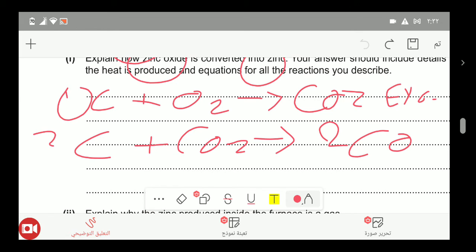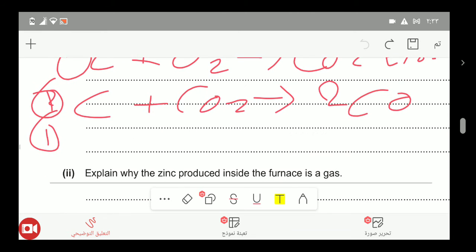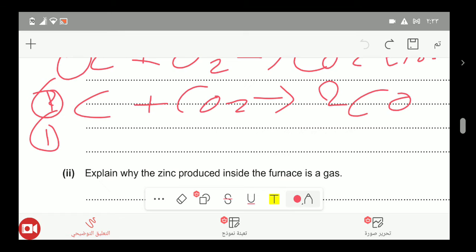Again, these are two marks, and we have another mark. The final mark is obtained, so at the end we will have the 3 marks we aim to have.